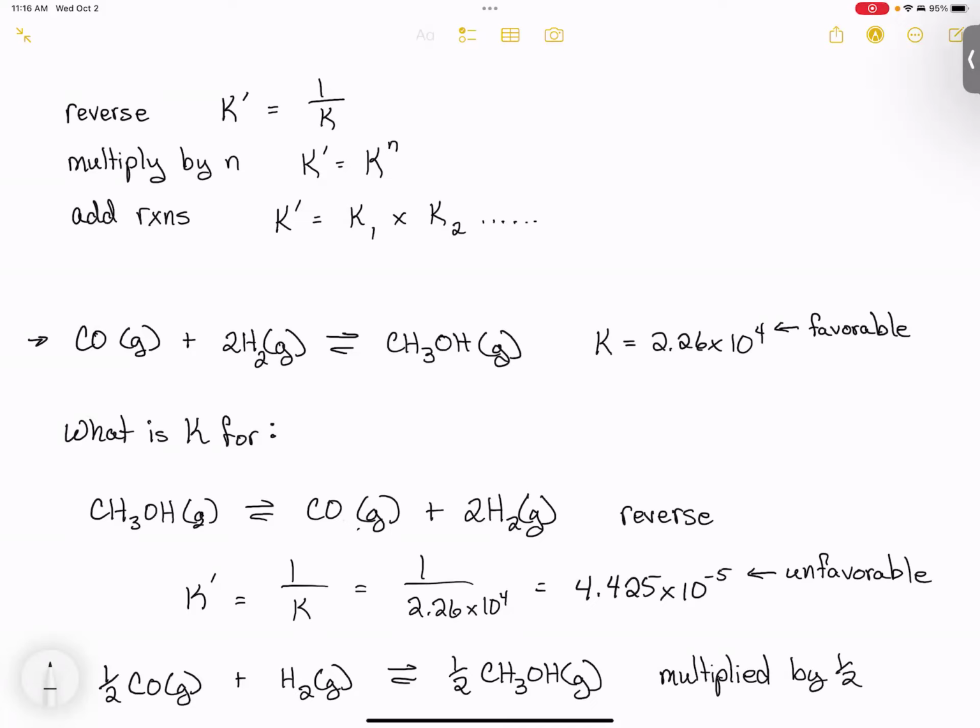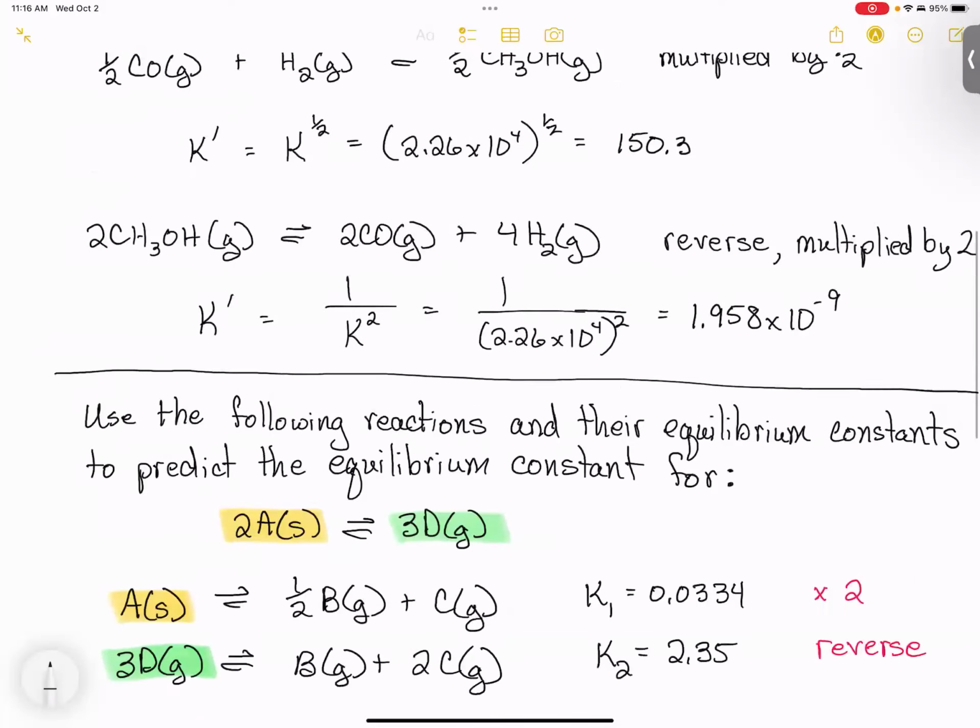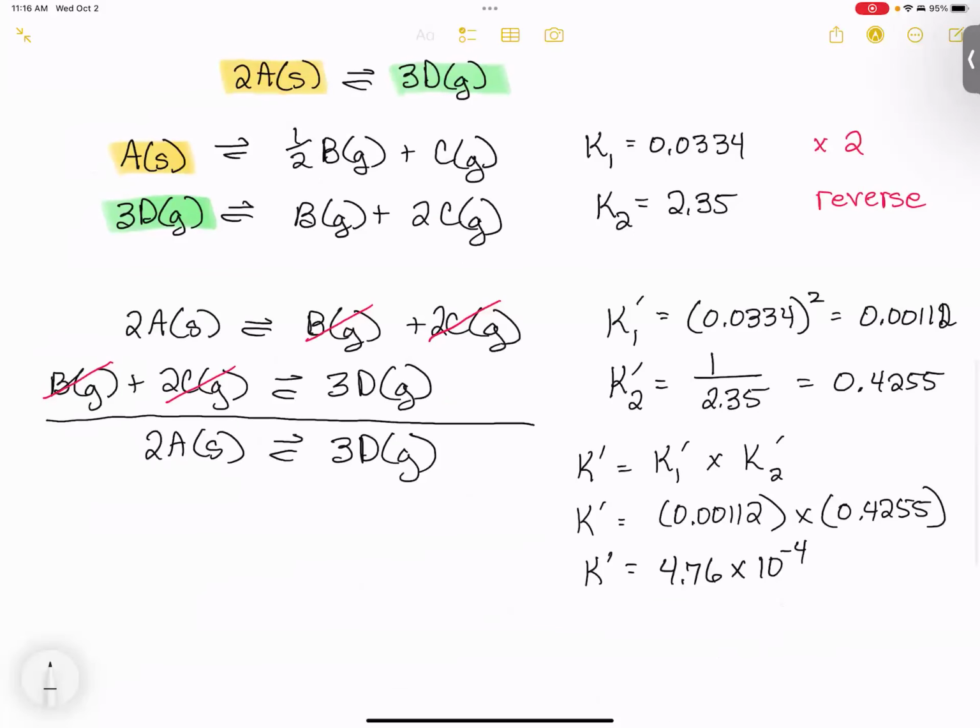In the last one, all I needed to do was reverse the second equation. So I didn't have to do that second step because I didn't multiply the second equation by a coefficient. Other questions? Did that answer your question? Okay.